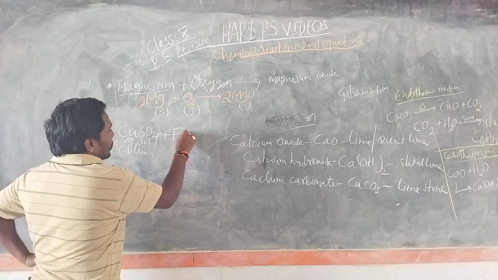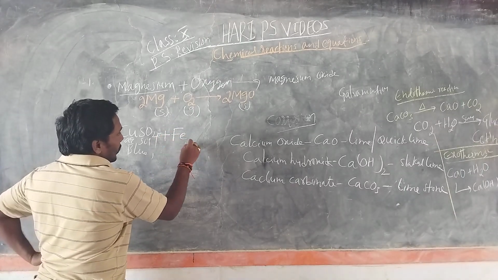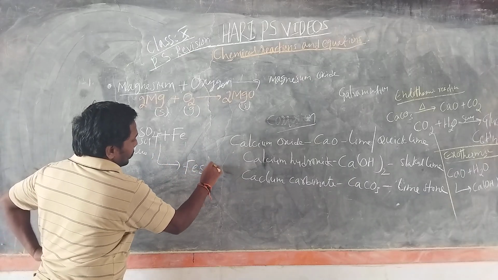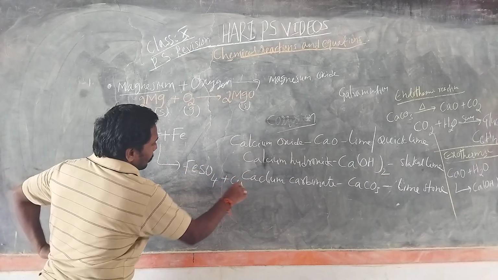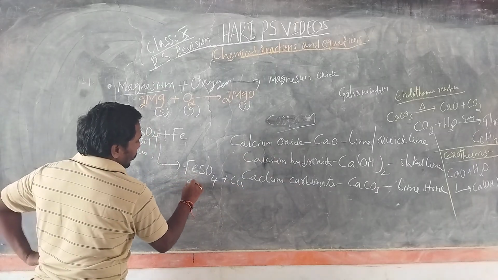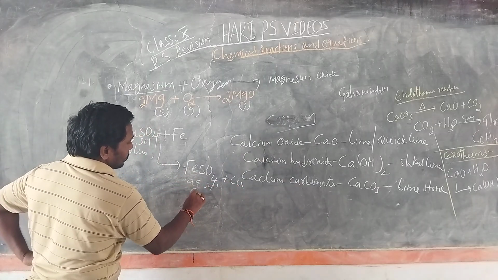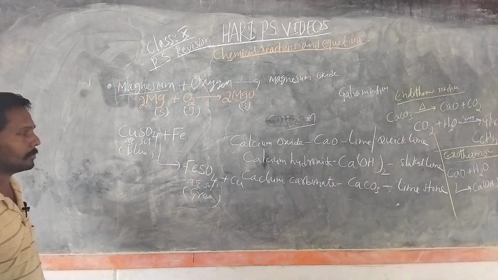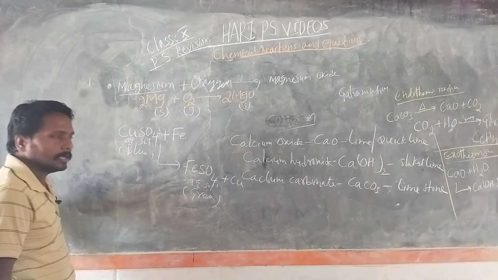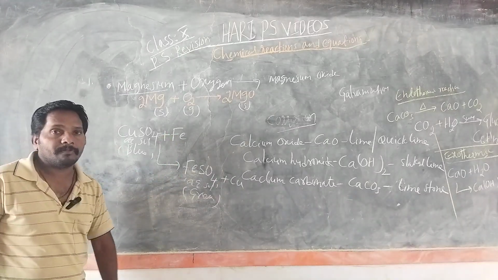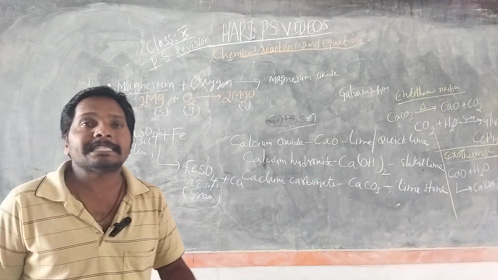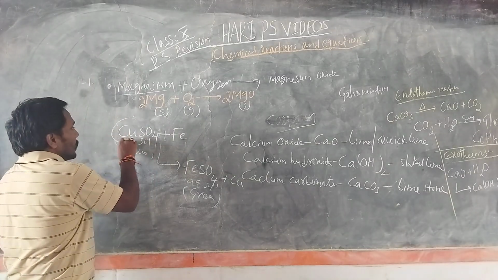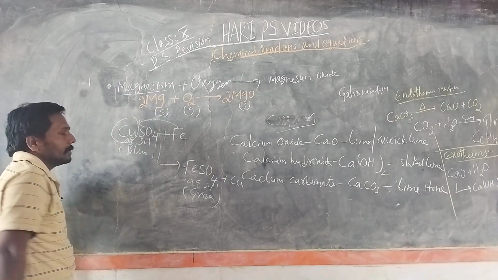When iron is added to it, iron sulfate plus copper is formed. The color of iron sulfate is pale green, so the color changes. This is an example for displacement reaction, because here the copper is displaced by the iron.